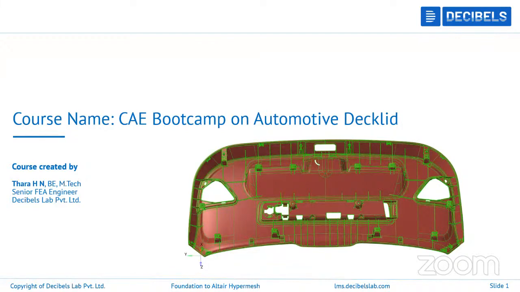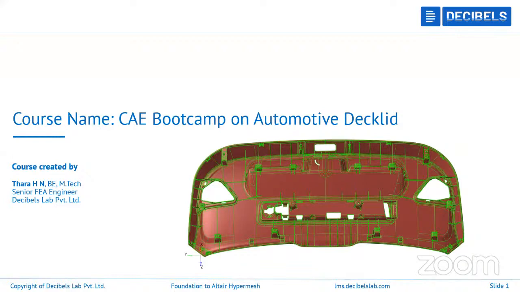So, very good evening to all of you, and thanks a lot, everybody. Almost 42 people have joined, and welcome all of you for taking out time today to attend this bootcamp. This 2-day bootcamp on automotive meshing is specifically focused on 2D meshing and 3D meshing. Over the 2 days, we'll be covering the fundamentals of 2D meshing, and we will also have hands-on practice.